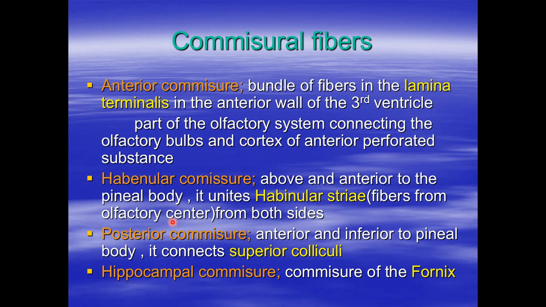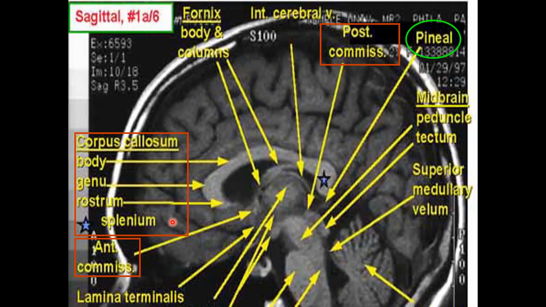The hippocampal commissure is the commissure of the fornix. We will see the fornix in a while. So let's see here. First, this is the pineal body, and we have two commissures. One is above and anterior, and one is below and anterior. So the above and anterior commissure is which commissure?